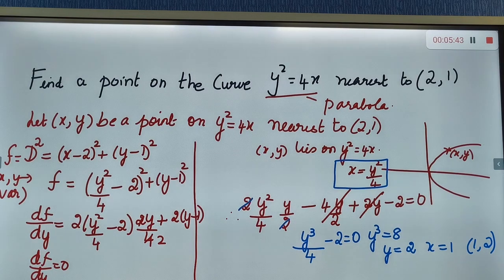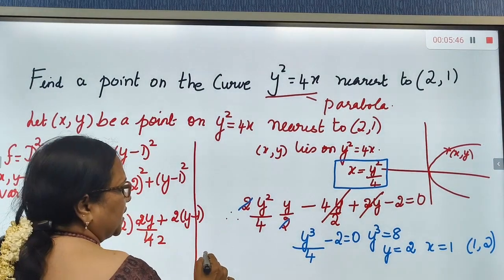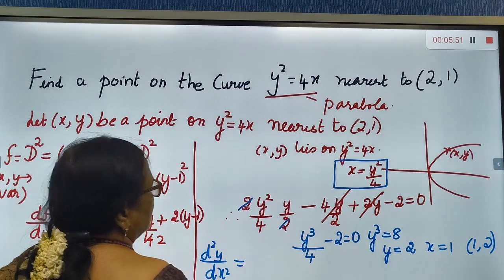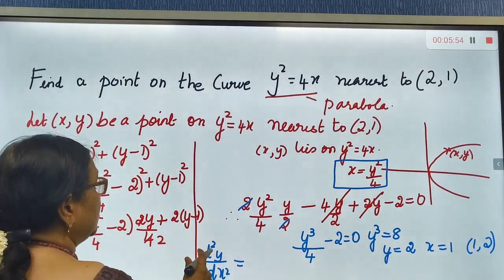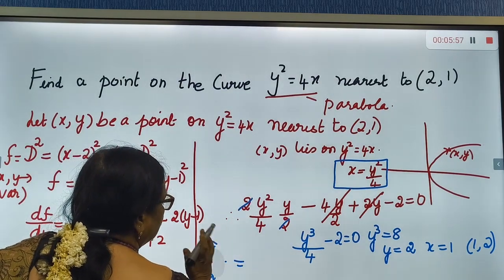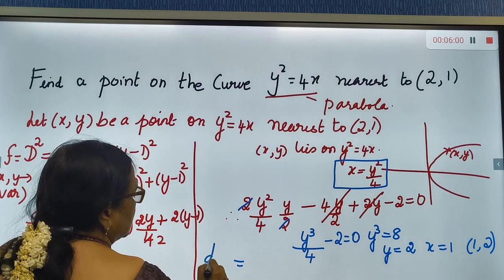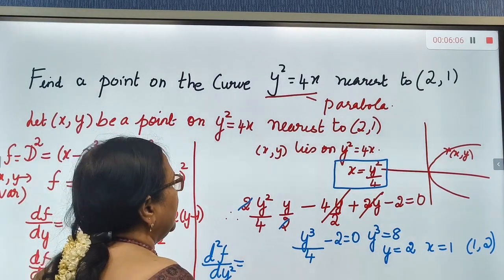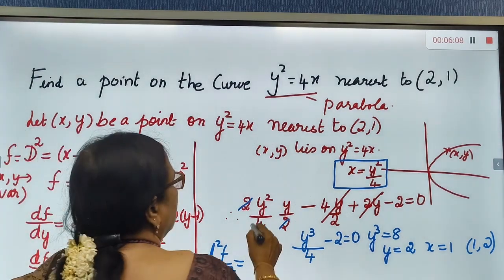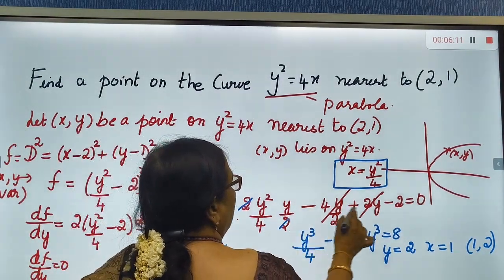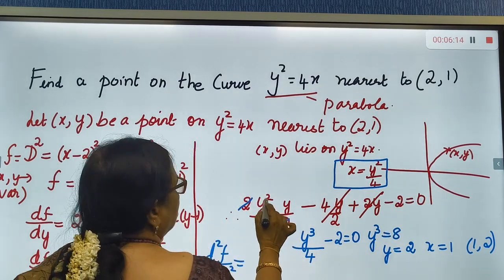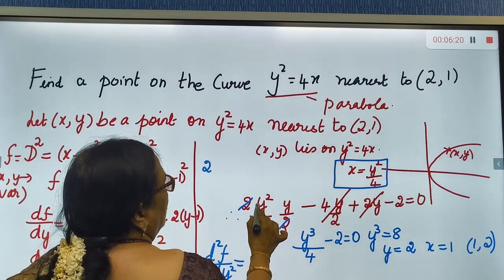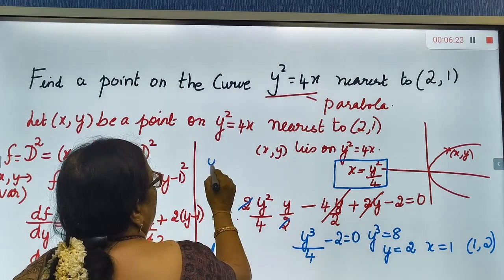But how will you be sure? I have to find the second derivative. What is d square f by dy square? I have to differentiate this equation, right? So when I differentiate, this is what I've equated to 0.